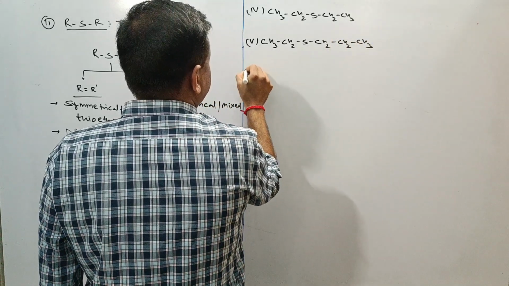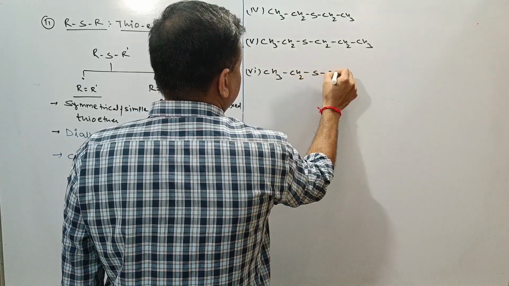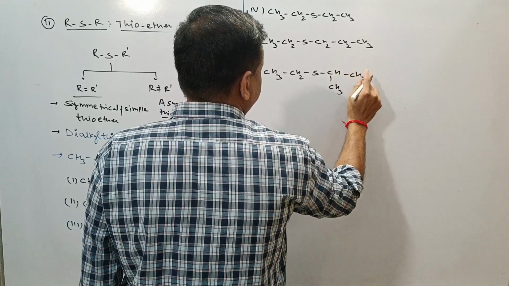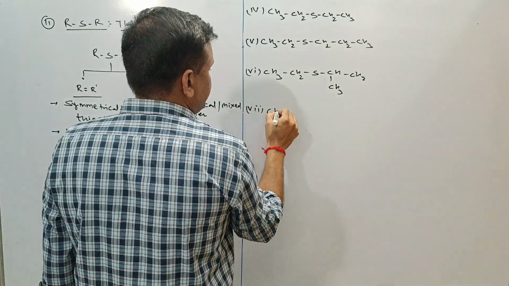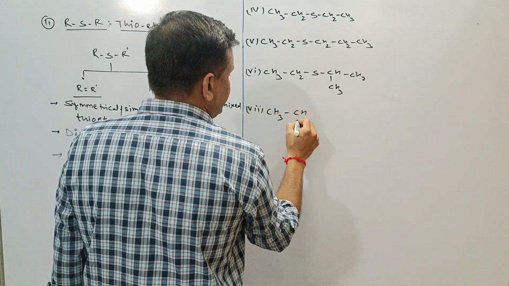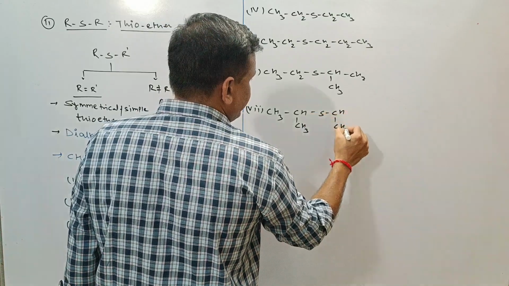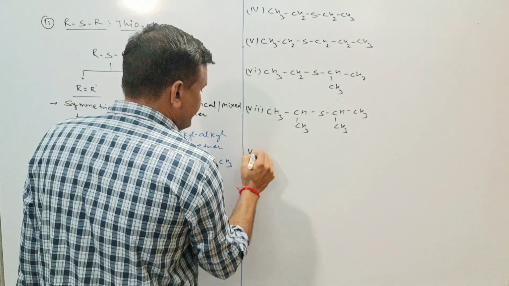The sixth is CH3CH2-S-CH(CH3)CH3. The seventh is CH3-CH(CH3)-S-CH(CH3)-CH3.